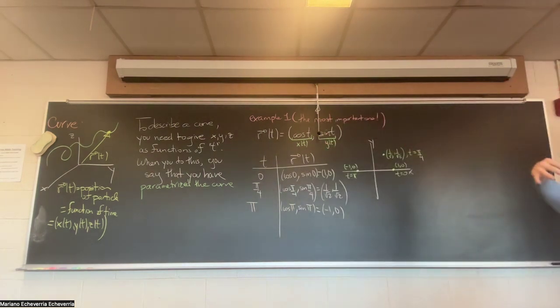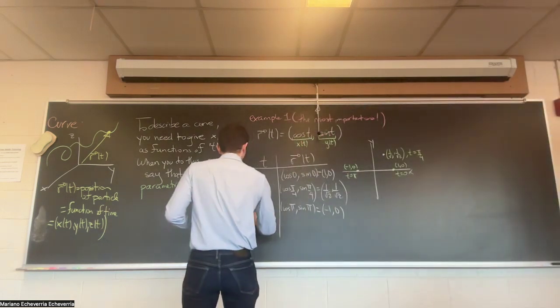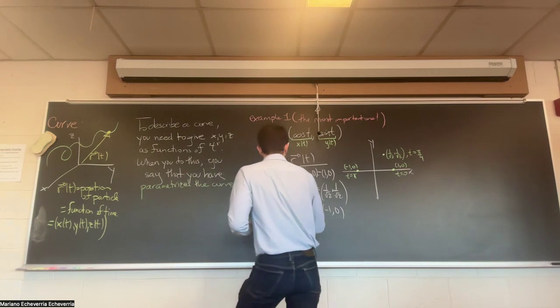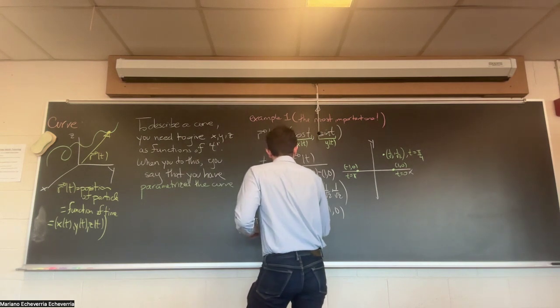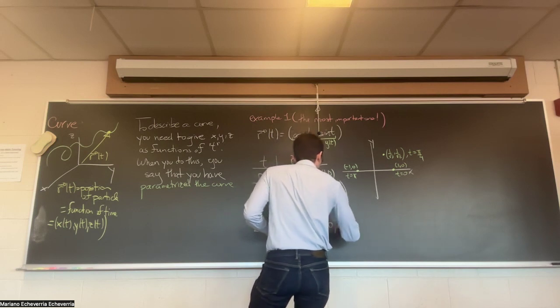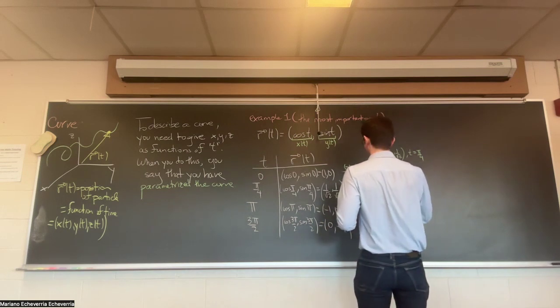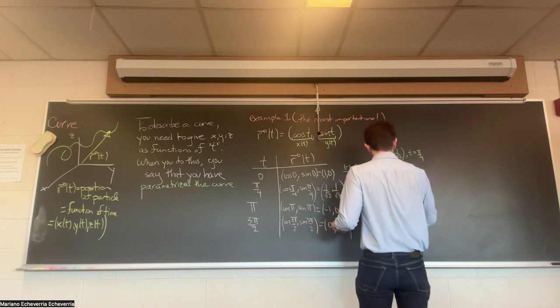And then one last value: if you put 3 pi over 2 here, you get cosine of 3 pi over 2, sine of 3 pi over 2. That gives you 0 comma negative 1, right? So here you have 0 comma negative 1, and that is the position you had at time 3 pi over 2.